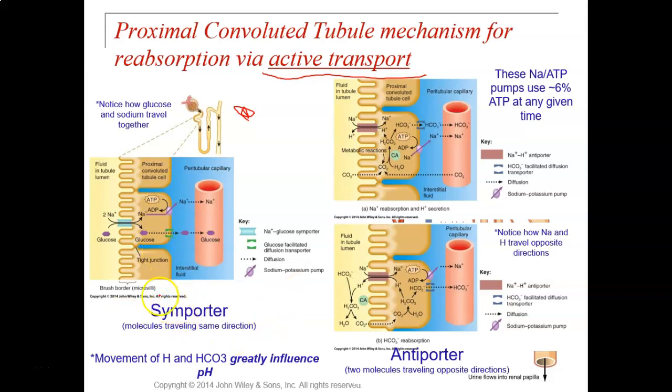When we absorb multiple molecules at once, that's called a symporter, with molecules traveling the same direction. Right here is the lumen, which is within the tubule. So anything that remains in this tubule is going to become urine. You can see sodium and glucose are reabsorbed together.